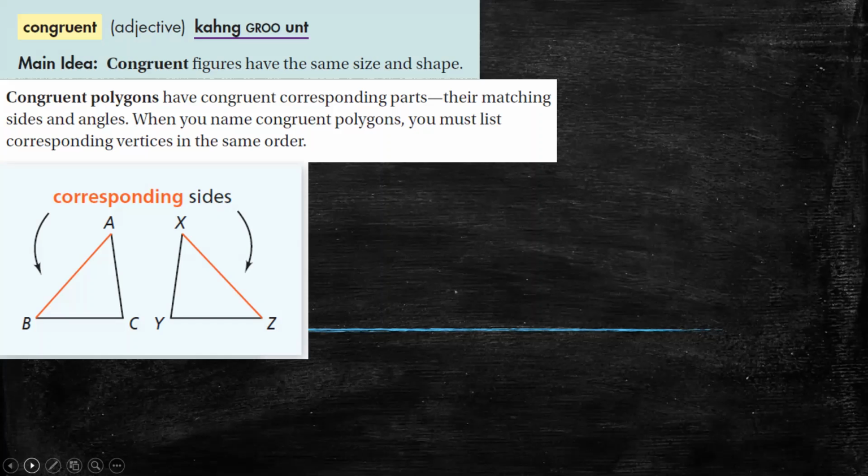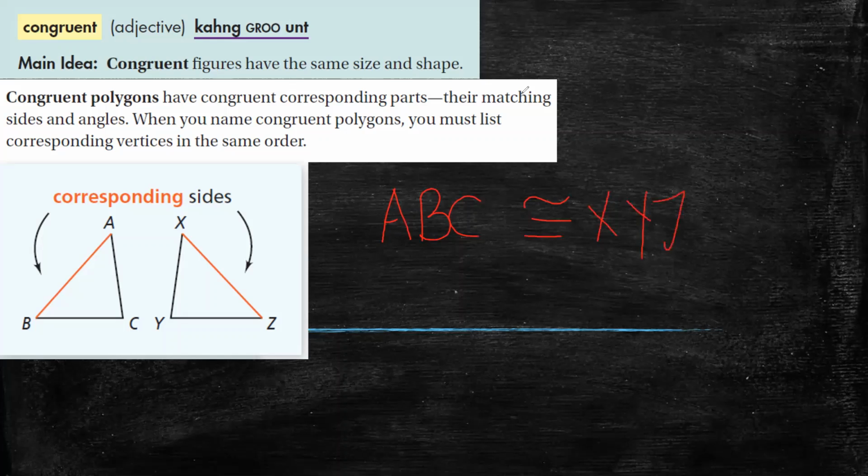Now, look at this shape here. As you see, we have a triangle. The first triangle is A, B, C, and the second one is X, Y, and Z. Look how I will say triangle ABC is congruent with XYZ.